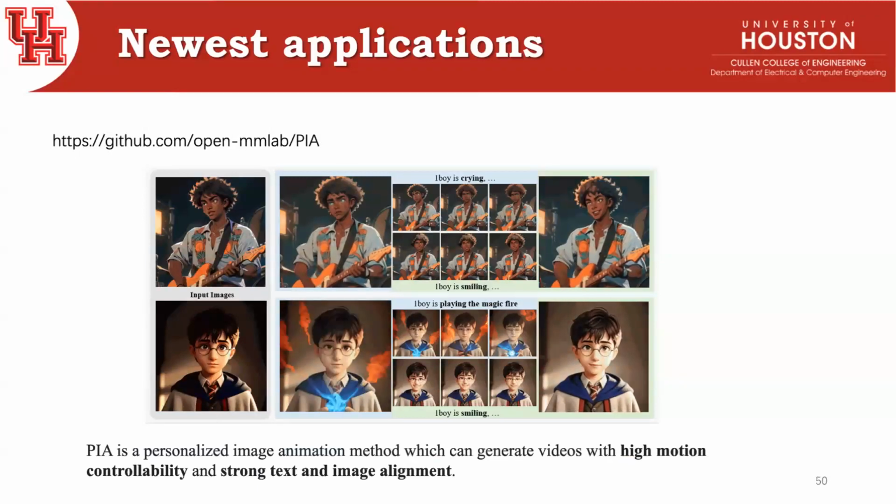And PIA is also a personalized image animation. You can put the pictures into a real, how do you say, a real movie, like the GIF. And when you say the boy is crying, okay, they are really crying. And when they do smiling, okay, this boy is smiling.